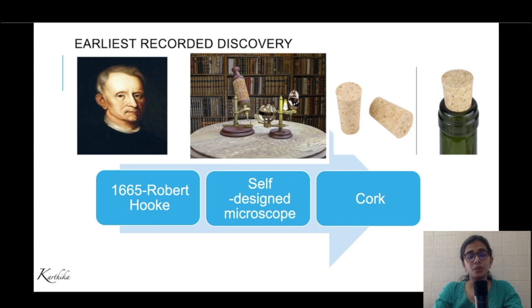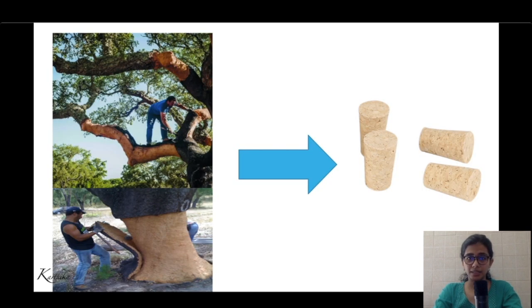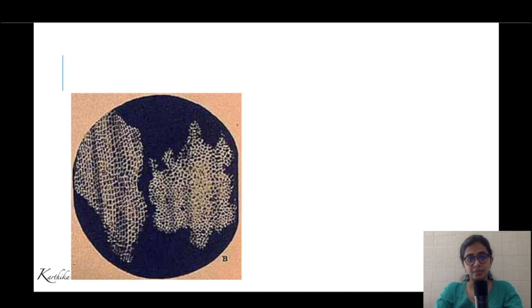What we need to know and remember here is that cork is nothing but plant material. It is derived from the bark of a special tree which we loosely call cork oak. The bark is peeled off like this and processed into cork. The section basically looked like this under his microscope.